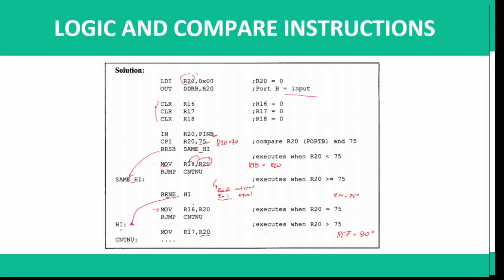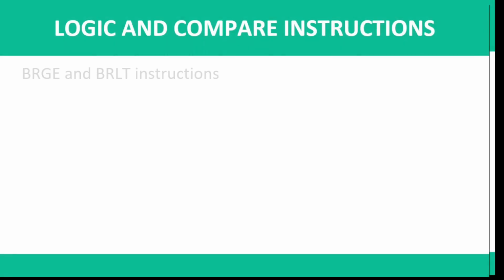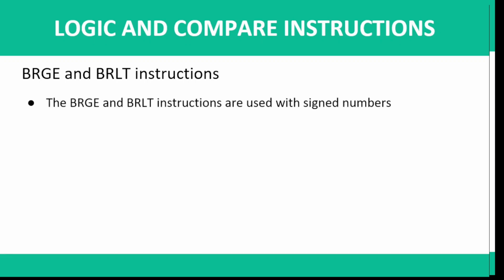So, next is the BRGE and BRLT instruction. Actually, they are the same with BRSH and BRLO, but they are used for signed numbers. So, BRSH and BRLO are used for unsigned numbers, but BRGE and BRLT are used for signed numbers.